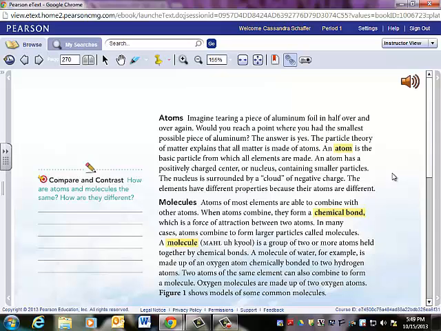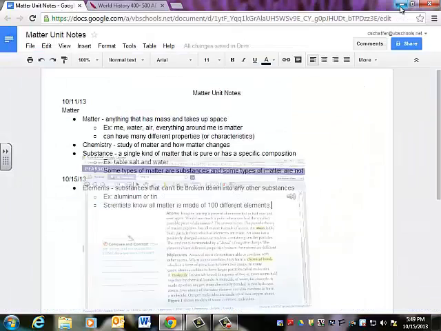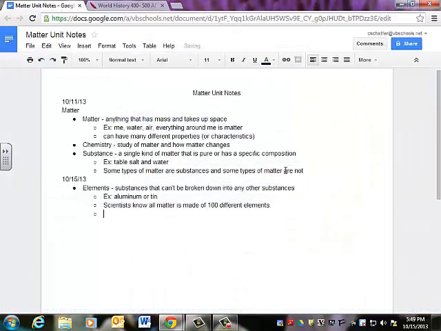So let's stop and take a look at this last piece here. And I see that atom is highlighted. So I know that that's probably a good clue. This is an important term for me to know. And it says that an atom is the basic particle from which all elements are made. So let's go back to our notes. And we want to take our bullet point and decrease the indent.